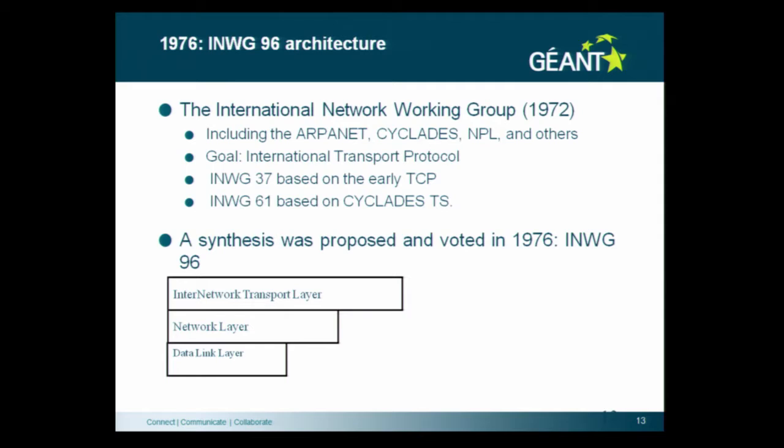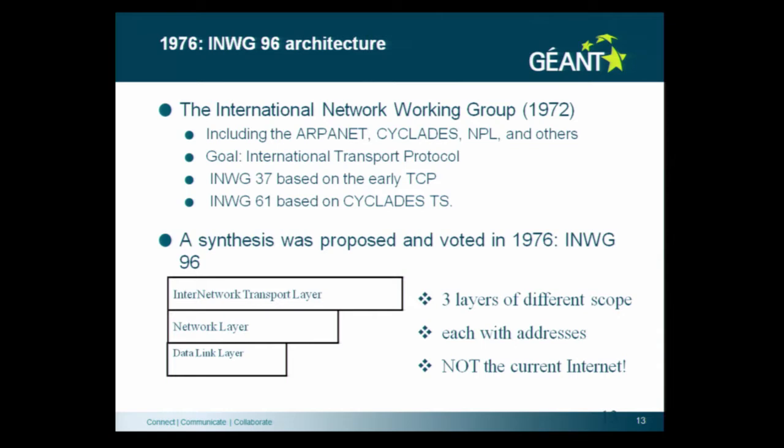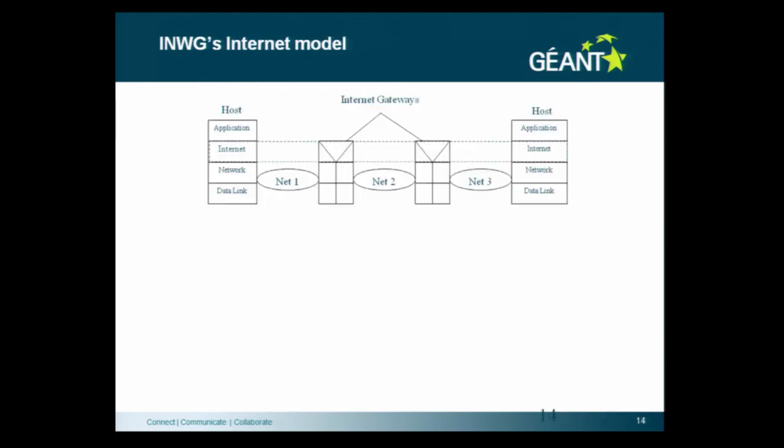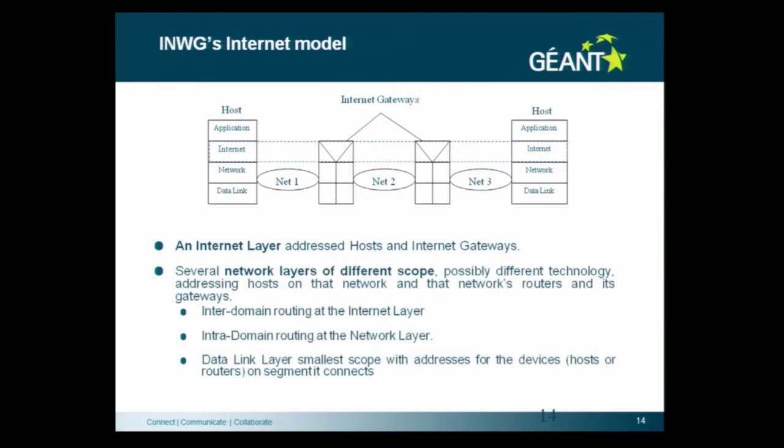And it looked like this, with 3 layers of different scope. They had a data link layer, a network layer, and an inter-network transport layer, and each had addresses. So the internet model looked like this. You had an internet layer addressing hosts and the internet gateways. You had several network layers of different scope, possibly different technology, it doesn't matter, but you had inter-domain routing at the internet layer and intra-domain routing at the network layer with different addresses.